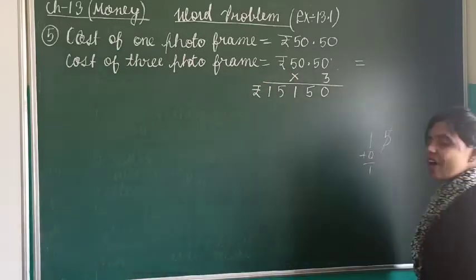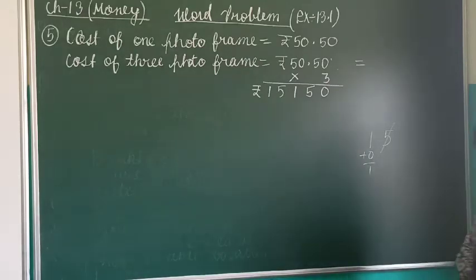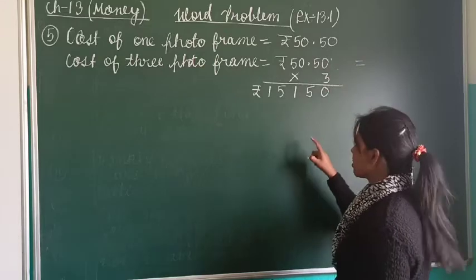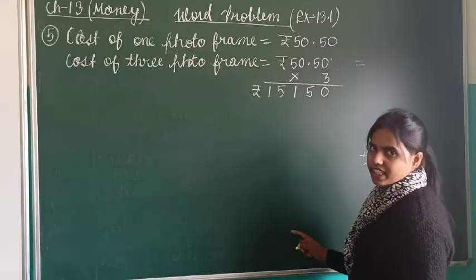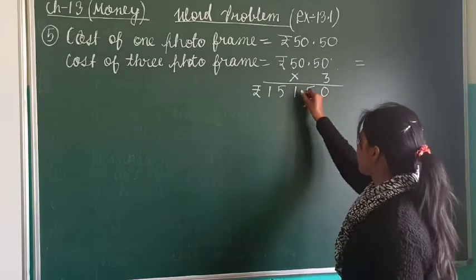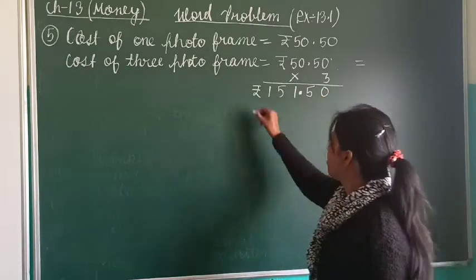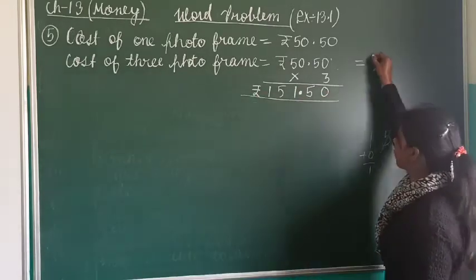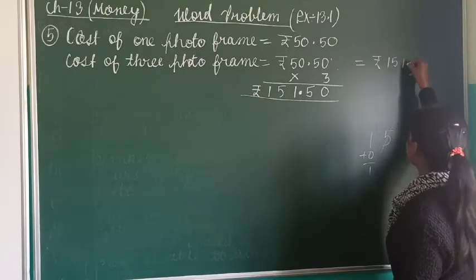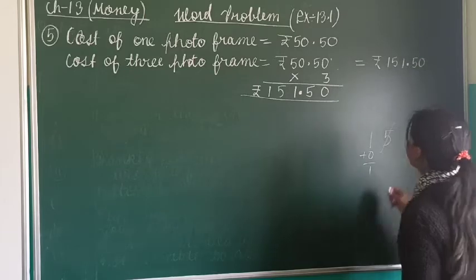Now see, after how many digits is the point there? After 2 digits. So in the answer also, you will count from the back side. Always count from the back side. 1, 2. So after 2 digits you will put the point. So what will be the cost of 3 photo frames? 151 rupees point 50 paise.